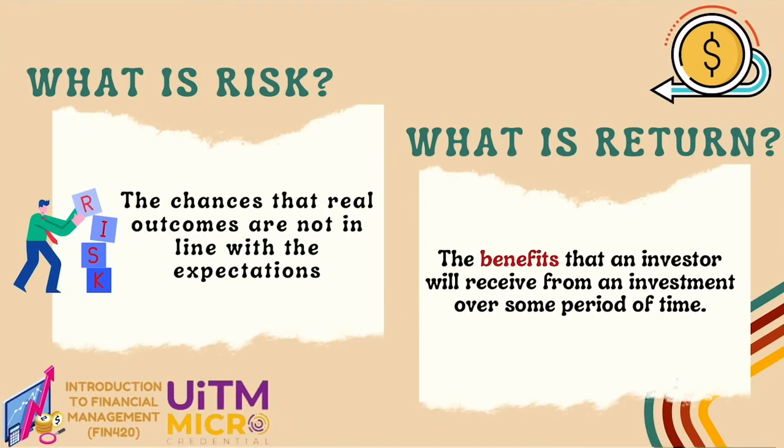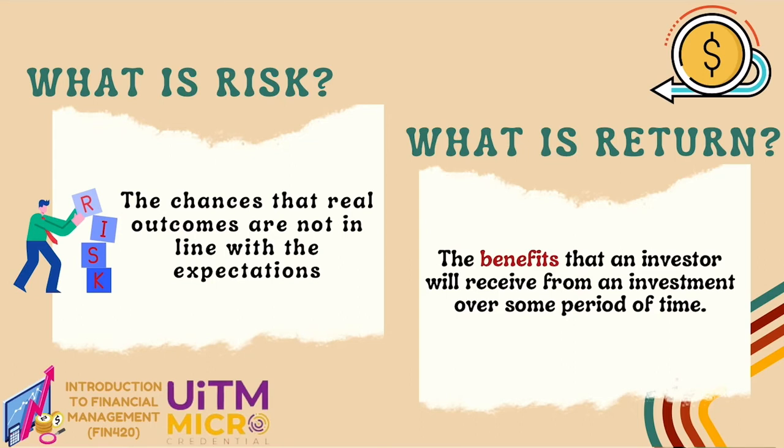Okay, so if we look around us, we can see that different financial products such as bonds, fixed deposits, and shares give different returns. Why does the difference in the return occur? To understand this, you need to understand the concept of risk.